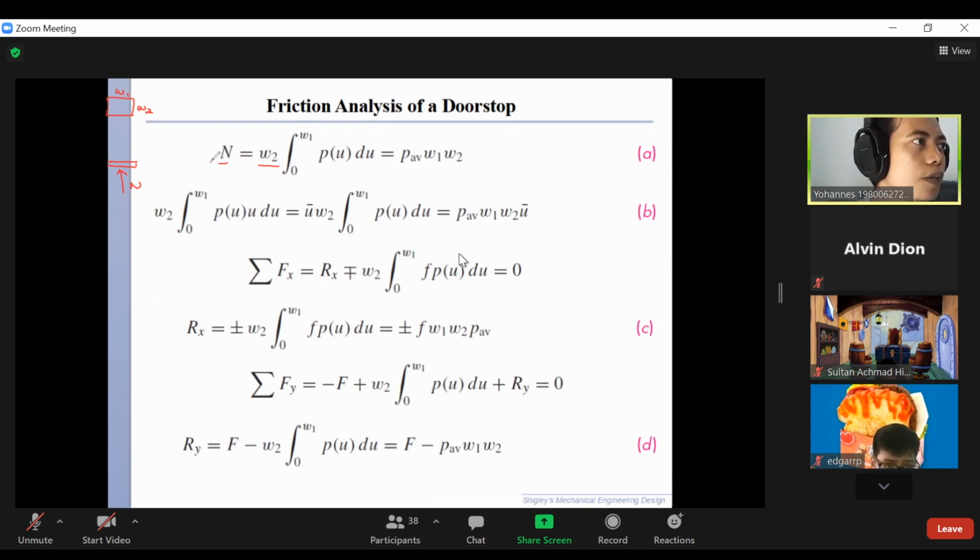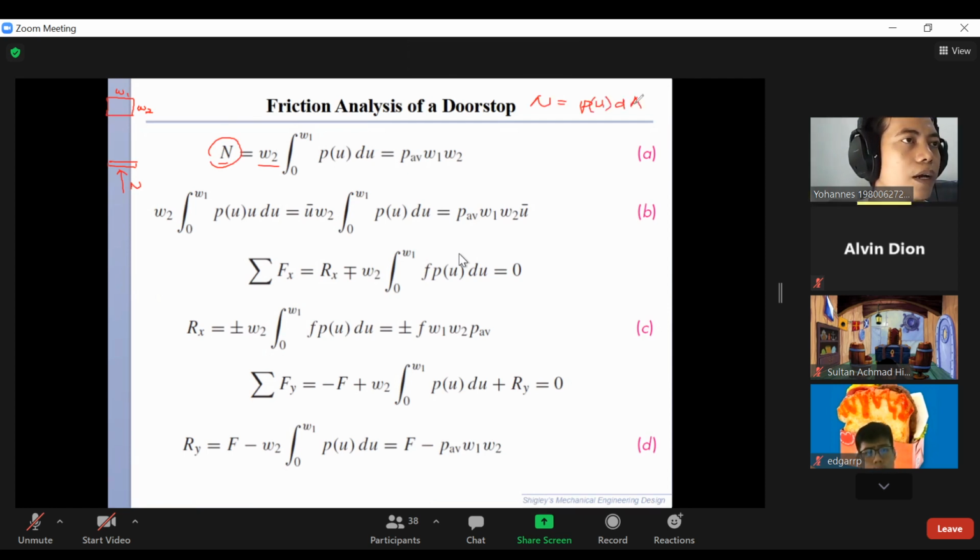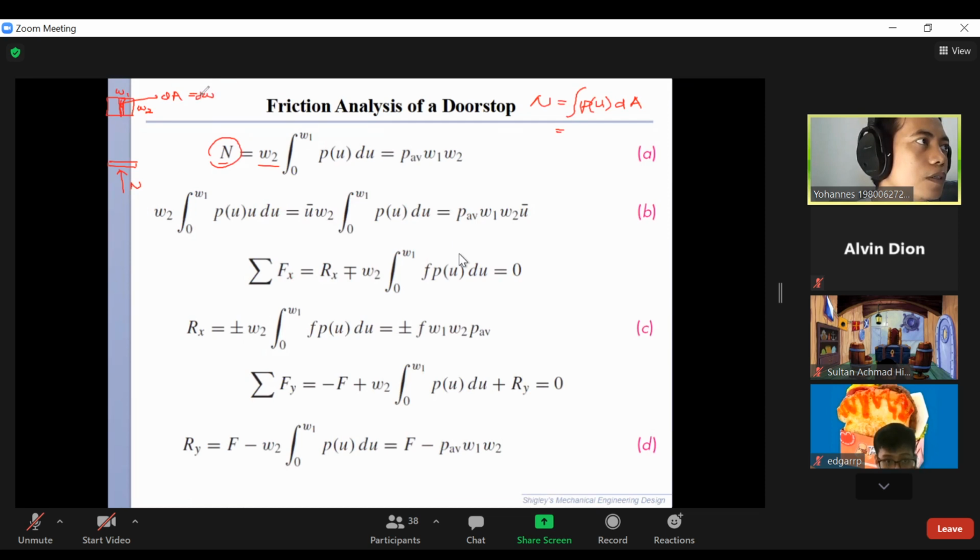In order to obtain this normal force, you have to multiply the force distribution with the area of the brake pad. Because if you take this area, you will have this relation. Sorry, this is the element, the width of the element is du.